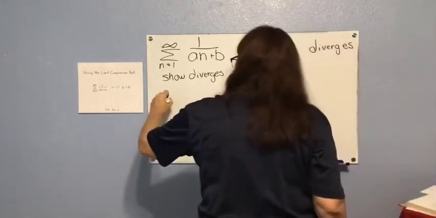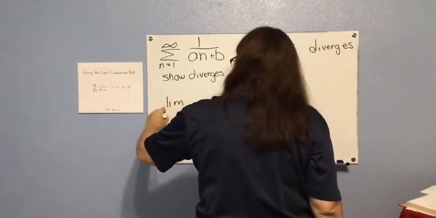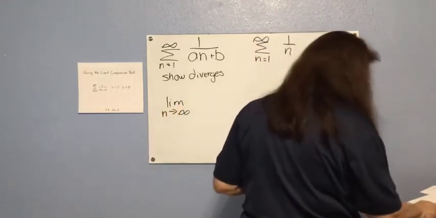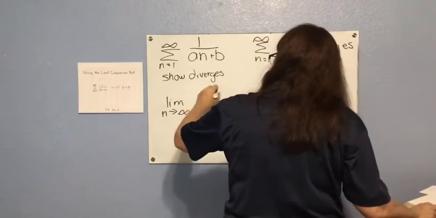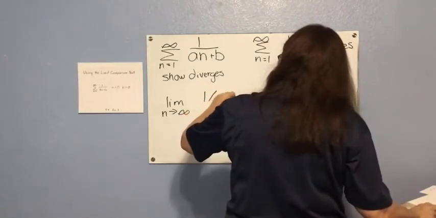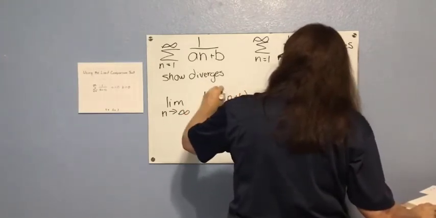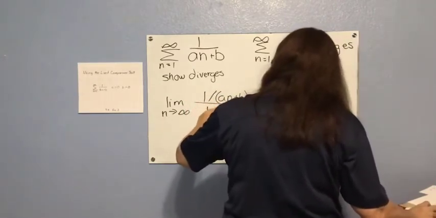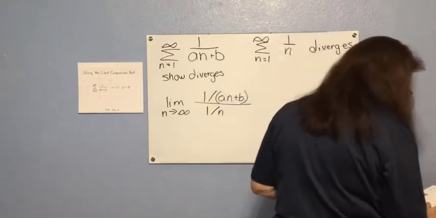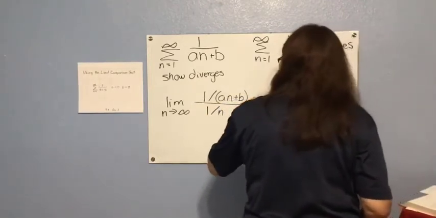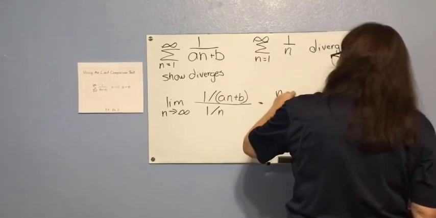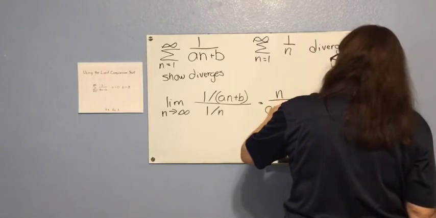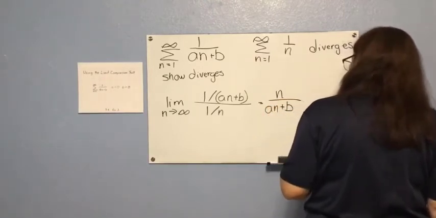Okay, so now I'm going to take the limit as n goes to infinity. And 1 over an plus b in the numerator, and in the denominator 1 over n. Now when I clear away those fractions, I get n over an plus b.